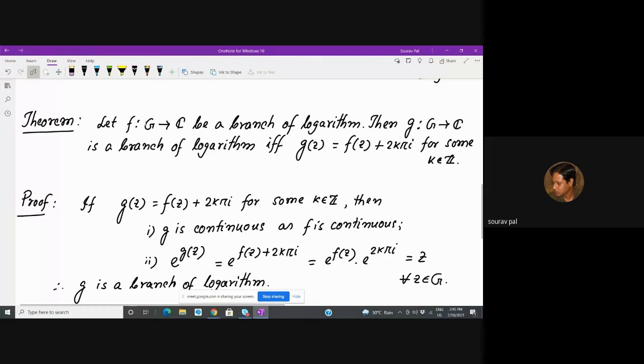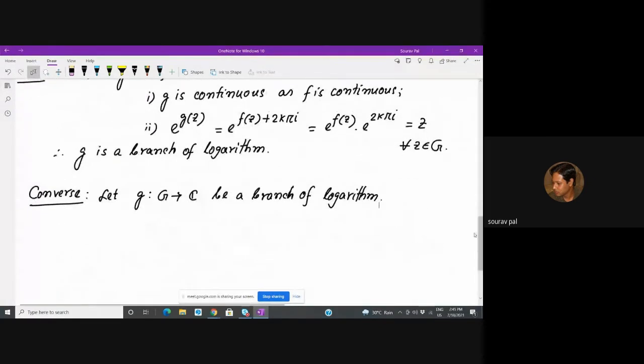If you have one branch of logarithm and hold it fixed, this f, you can get all other branches of logarithm in the same region in terms of that branch f. That is what the statement says. And this is the totality of the branches in the region G. So this is a part of the hypothesis that we already have a branch of logarithm f in G.